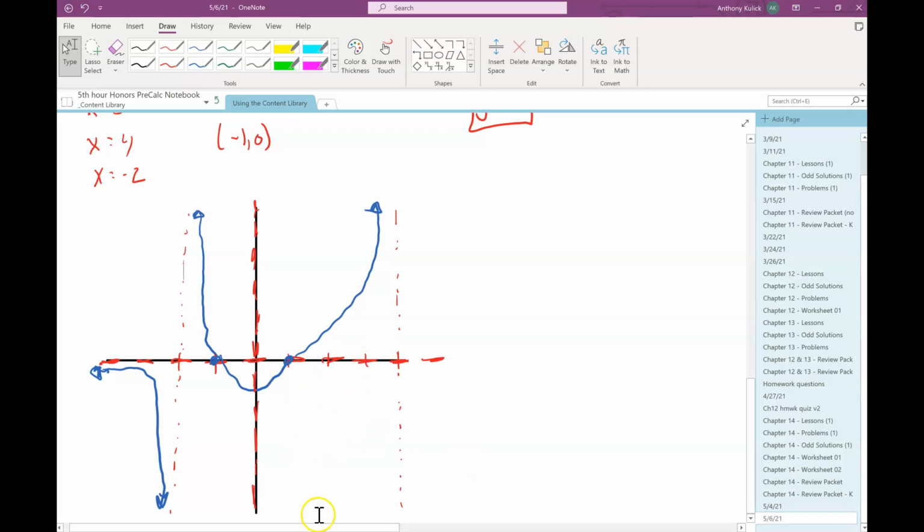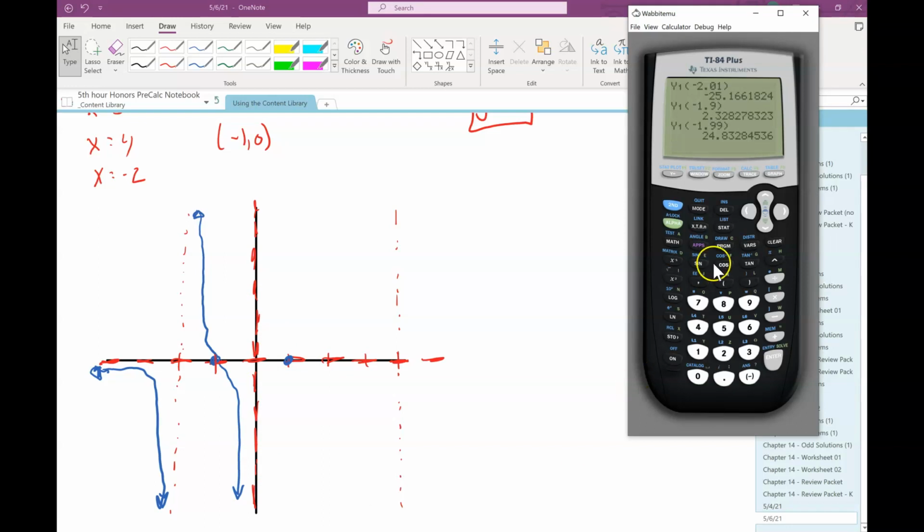Oh, I screwed that up, didn't I? I forgot about the vertical one at x equals 0. So this has just got to be like this. Sorry. And then I have to check the right side of 0. The left side of 0, I'm quite certain that's what's got to be going on.